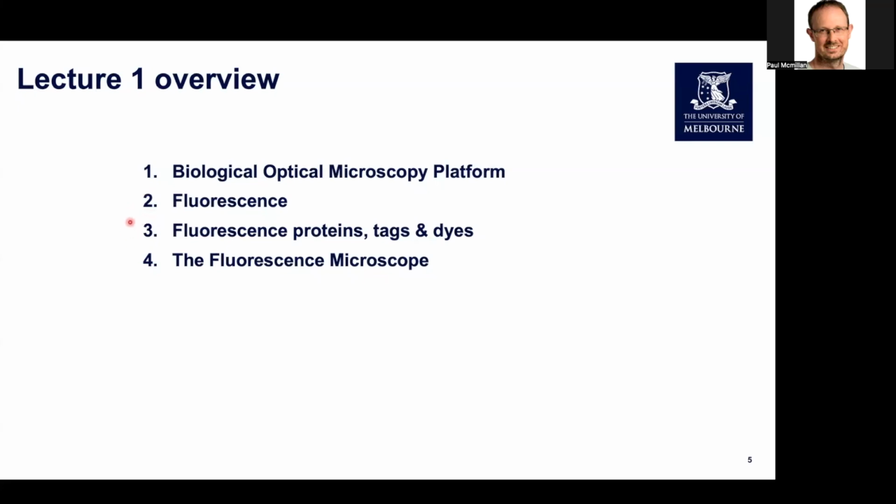We'll then go through some examples of the different types of fluorescent proteins, tags, and dyes that we can use in experiments. And then we'll close out and we'll look at the fluorescence microscope and how a basic epifluorescence microscope differs to, say, a confocal microscope. And we'll look at some of the structural components of those systems through the light path of the microscope.